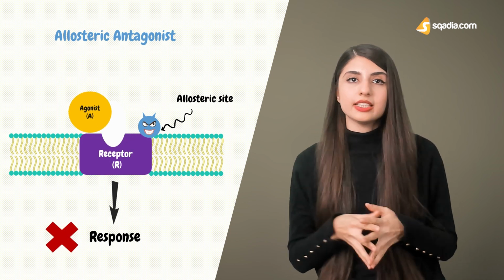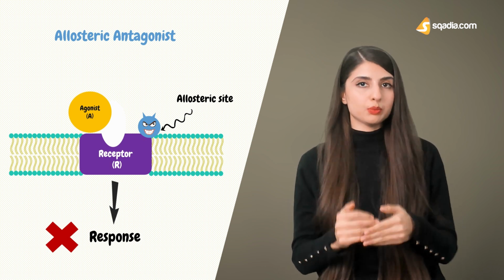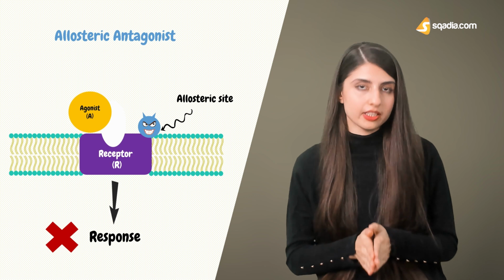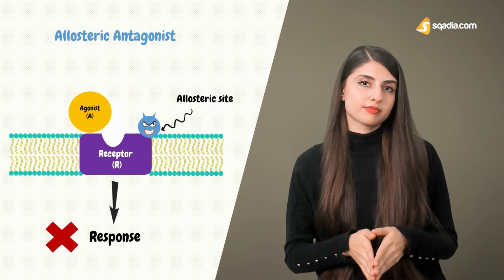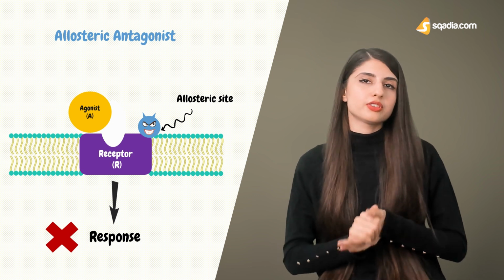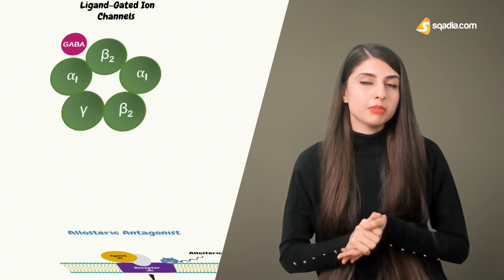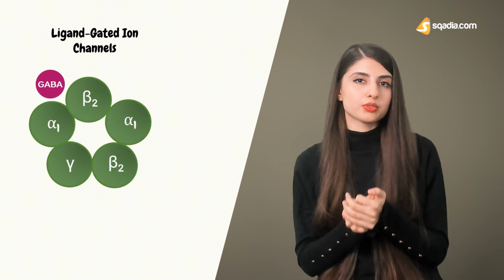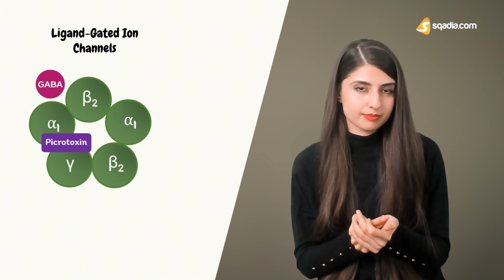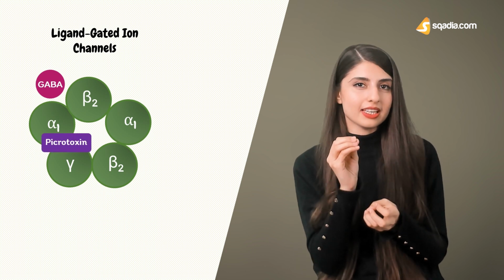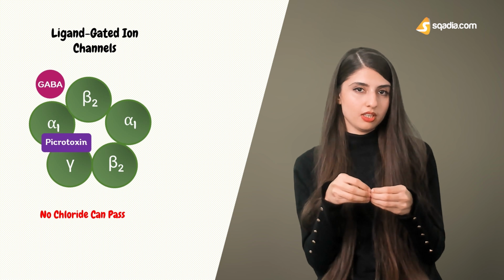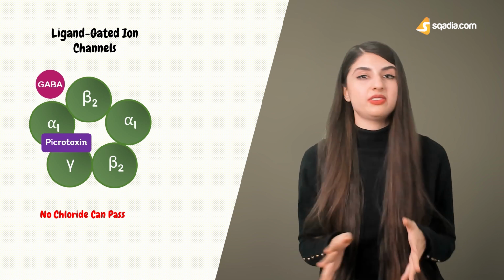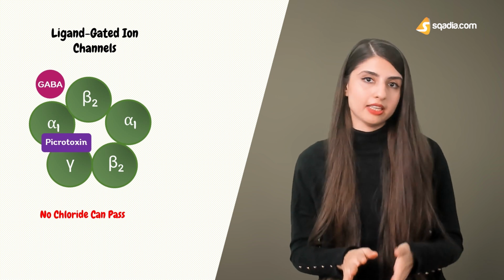An allosteric antagonist also causes a downward shift of the Emax with no change in the EC50 value of an agonist. An example of an allosteric antagonist is picrotoxin, which binds to the inside of the GABA-controlled chloride channels. When picrotoxin is bound inside the channel, no chloride can pass through the channel, even when the receptor is fully activated by GABA.